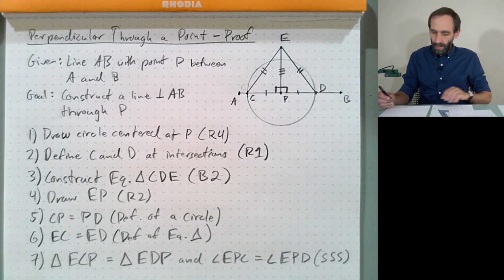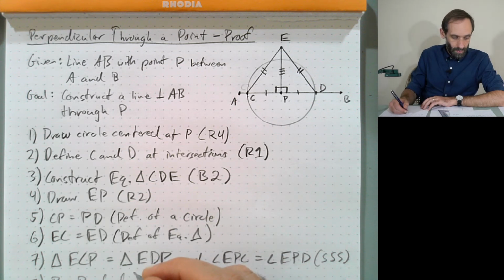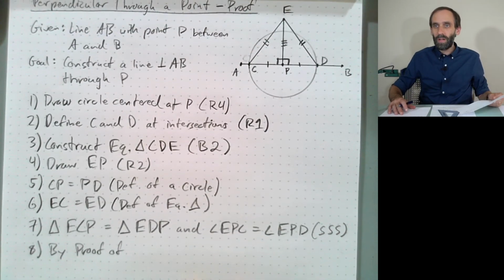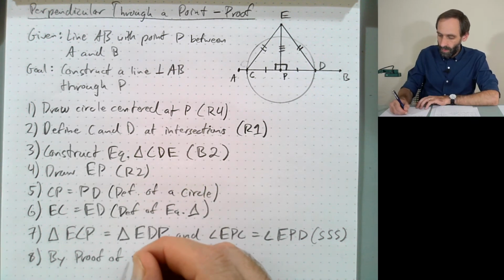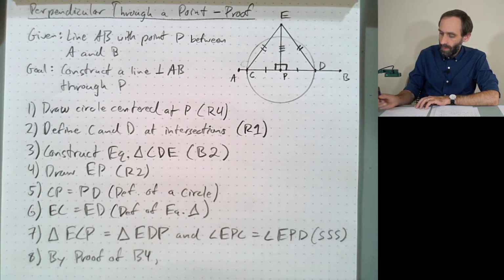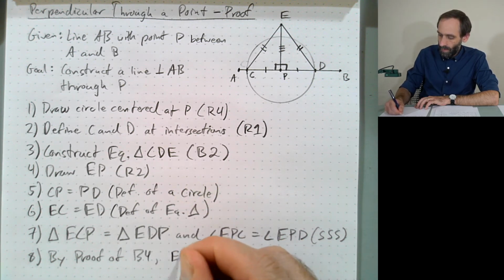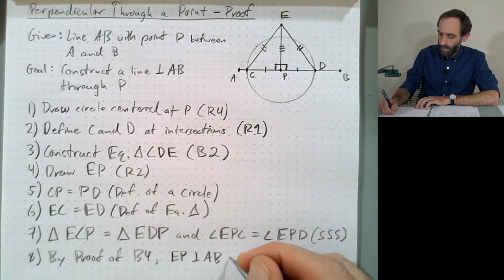I know there are a couple more steps in here, but I'm going to say by the proof of brick 4, because it's part of the line bisector, EP is perpendicular to AB.